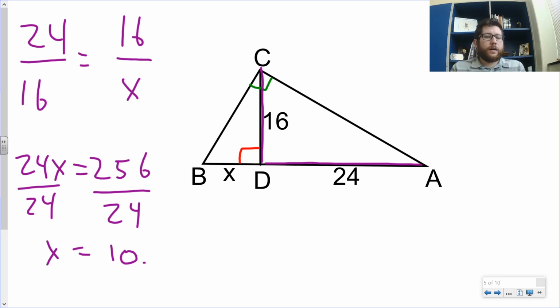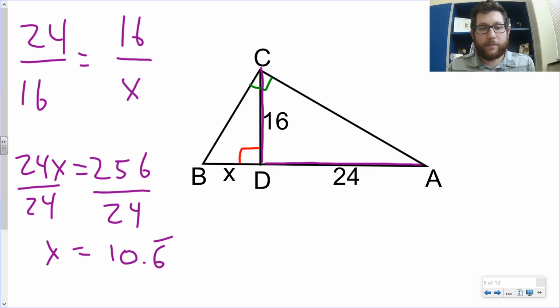Let me just pull out a calculator and see exactly what this comes out to be. Sorry, I should have had my calculator ready here. So 256 divided by 24. 10.6 repeating. Okay, so I was on the right track. All right, so 10.6 repeating.